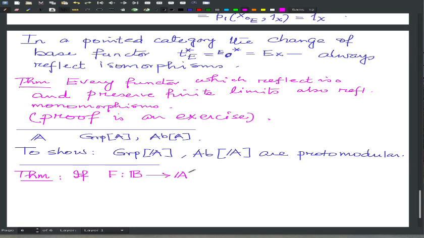So for instance, if you take an injective map and look at the members which are taken to 1, that means you are looking into the kernel is no more a subgroup. Right? So you see the point. These theorems are going to fail.